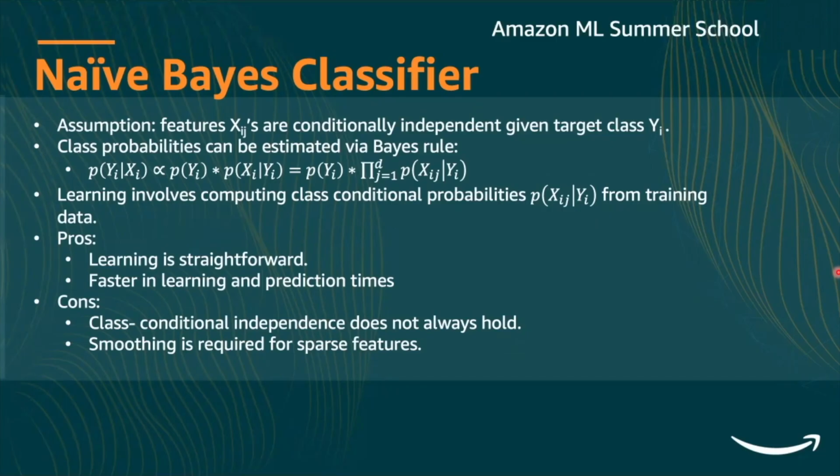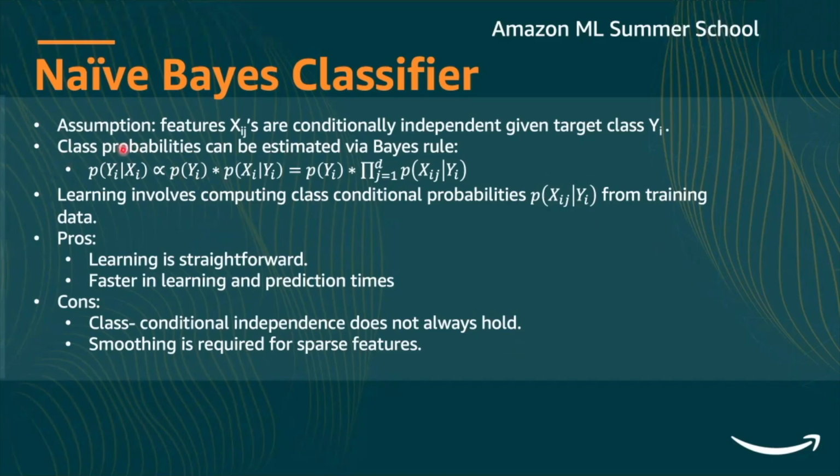But if you know that it is an apple, these features become independent of each other. So this is the naive assumption you're making. In the real world, these features may be related, but the assumption is that given the class or category of the data, these features are independent of each other.